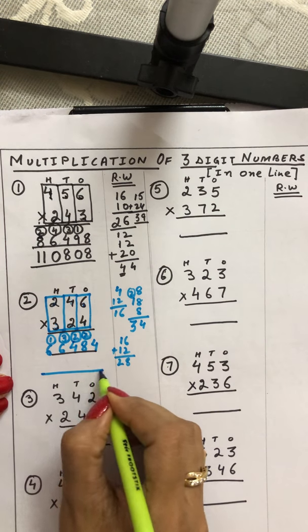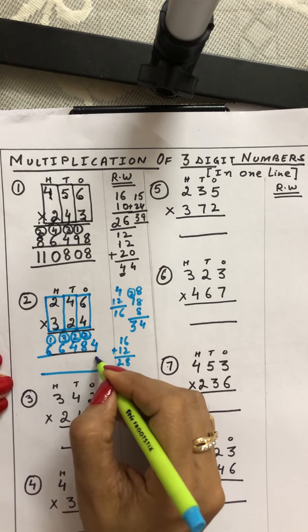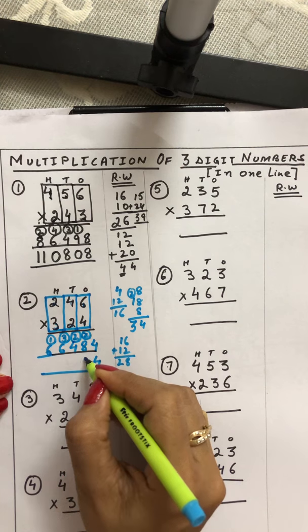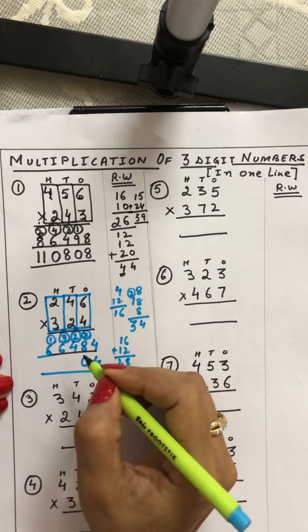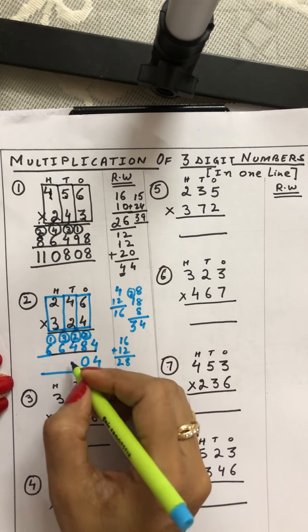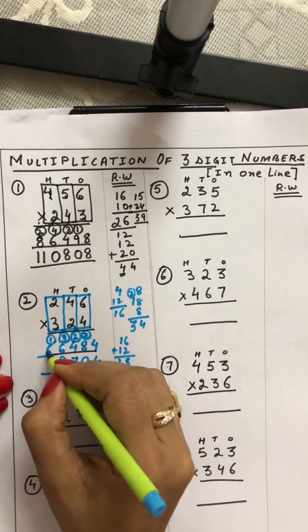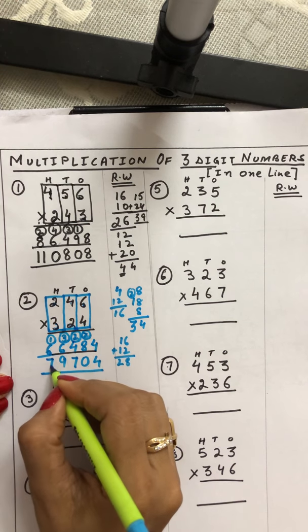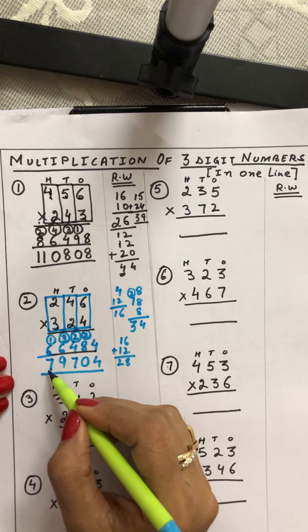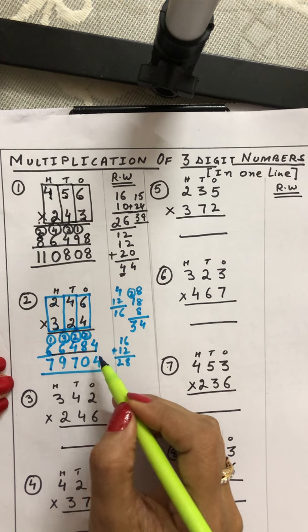And the final answer I get is 4, 8 plus 2, 10, 0, carried over 1, 2 plus 1, 3, 3 plus 4, 7, 6 plus 3, 9 and 6 plus 1, 7. So my answer is 79704.